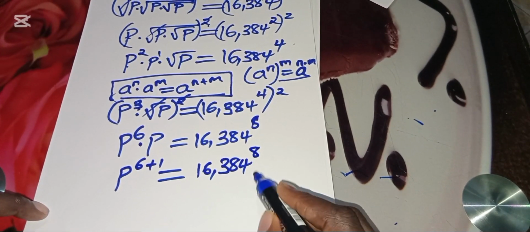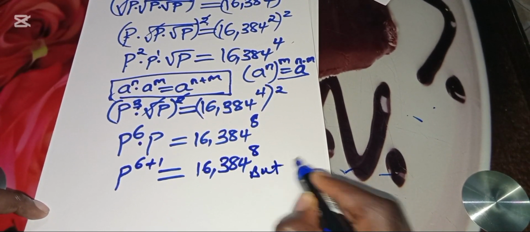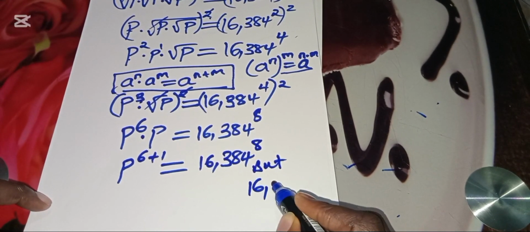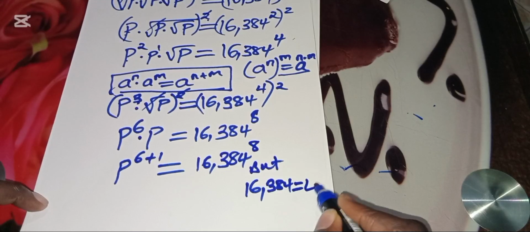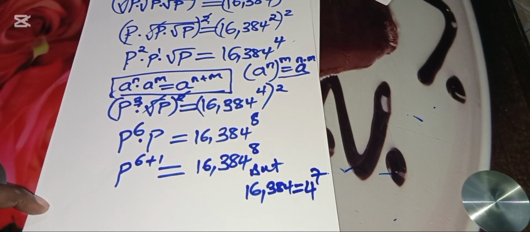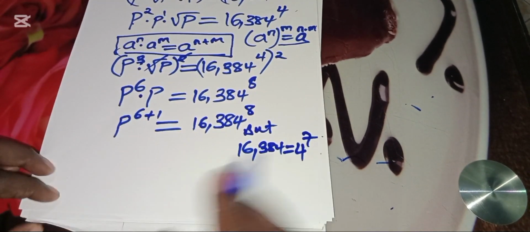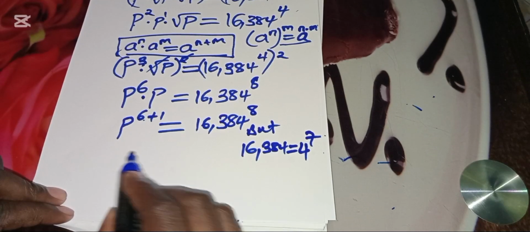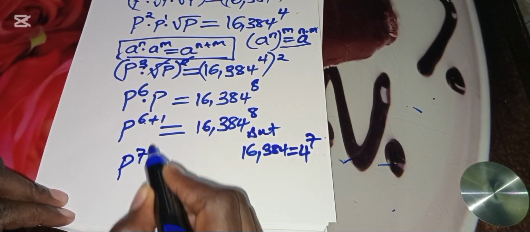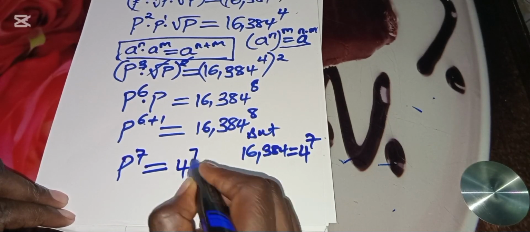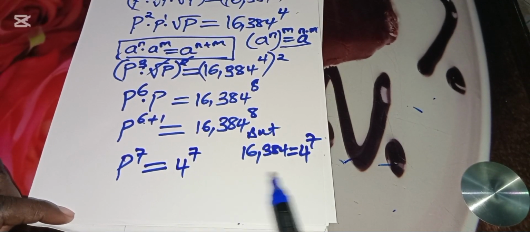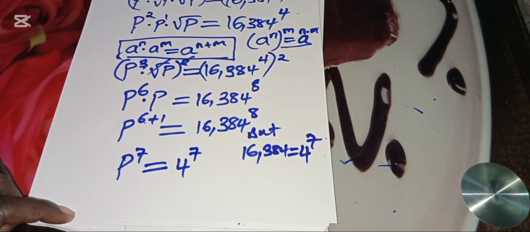But 16,384 can be expressed as 4 raised to power 7. In our case here, we have 6 plus 1, which is p raised to power 7. This is equal to 4 raised to power 7, and 4 raised to power 7 is the same as 16,384.